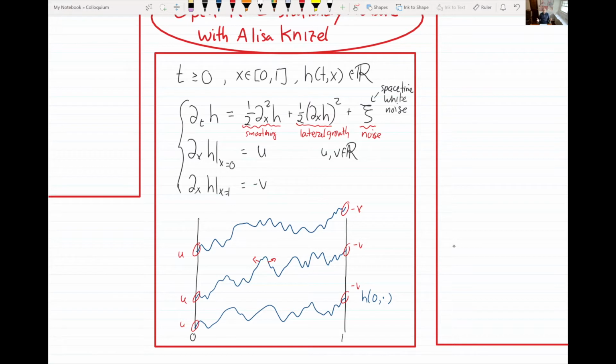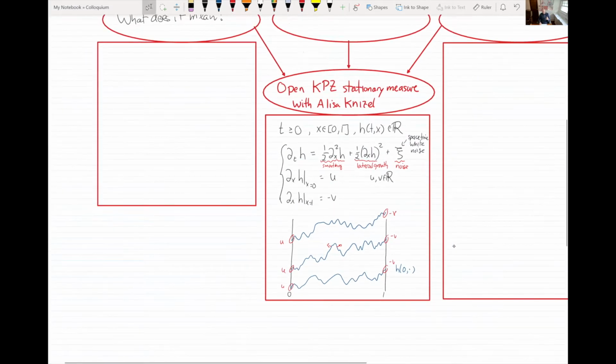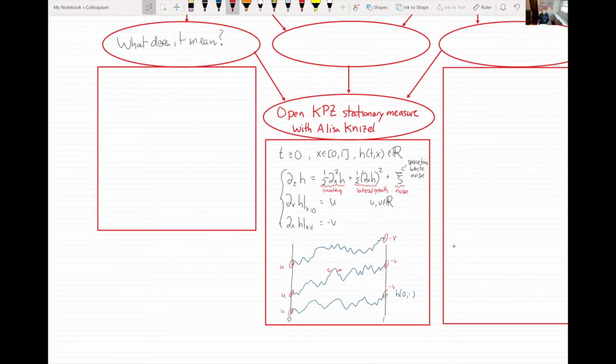Now, there are ways to make sense of it. And one way of doing that is through smoothing the noise and trying to then make sense of the smoothed equation and removing the smoothing. And this can be done. But it turns out that doing that is the same as doing what's called the Hopf-Cole solution. So the first thing that I'll explain to you is what is the Hopf-Cole solution? So what does it really mean to solve this KPZ equation?